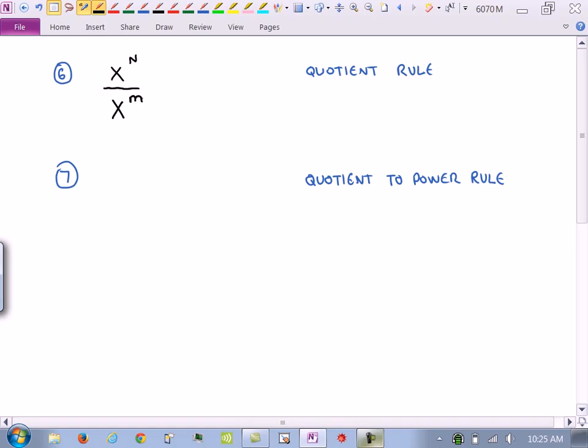So what do you think it'll be? Subtraction. Exactly. It'll be subtraction. Now, subtraction of what, though? So let me write it down. It'll be the n on top minus the m on the bottom. That's what it is.